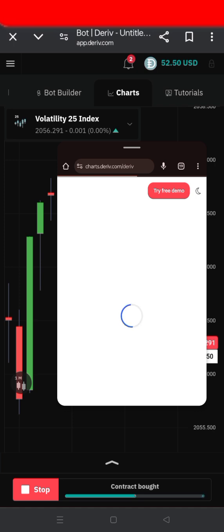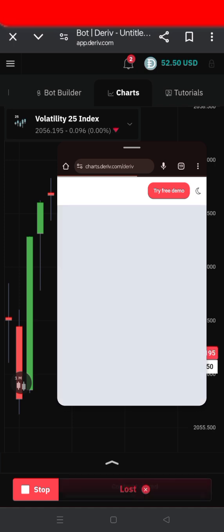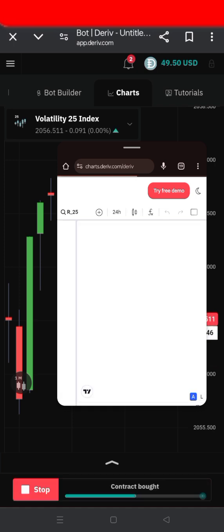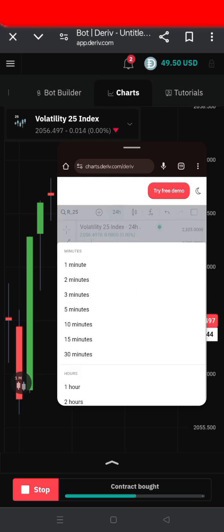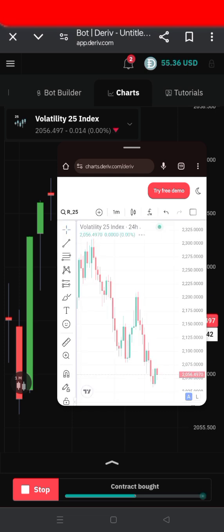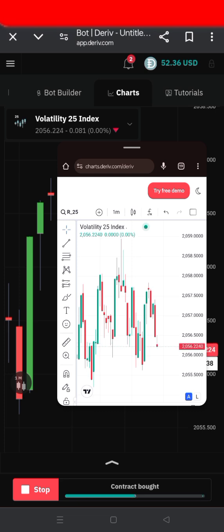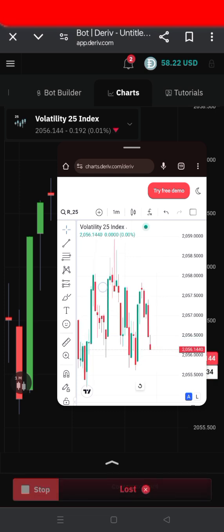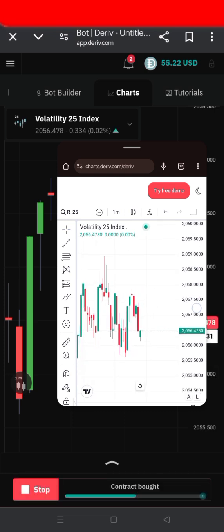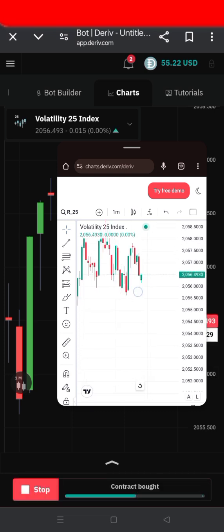Looking at the bearish trend, it's showing a strong bearish trend because of that candlestick pattern. Number two, it has not broken that trend line, so we are very confident. Let me return to my 1 minute, then go to the next. Let me zoom out and show you the candlestick pattern and how it is working.